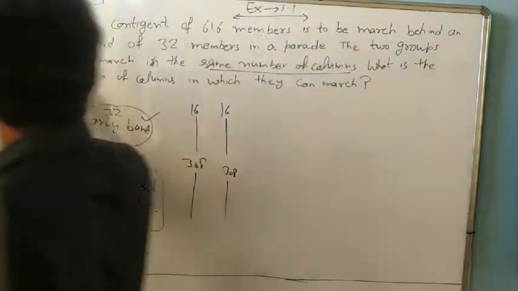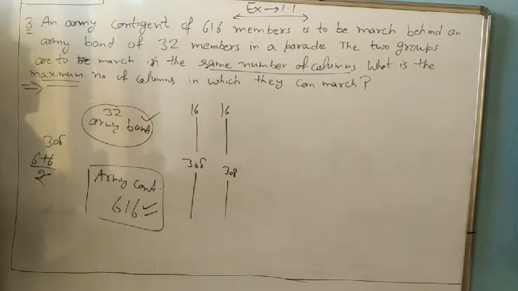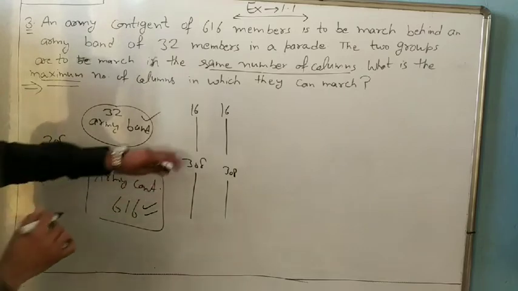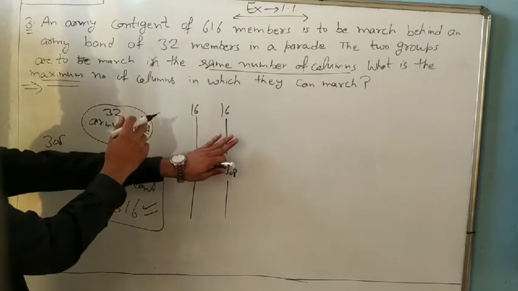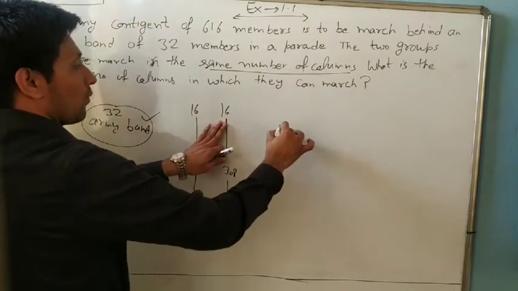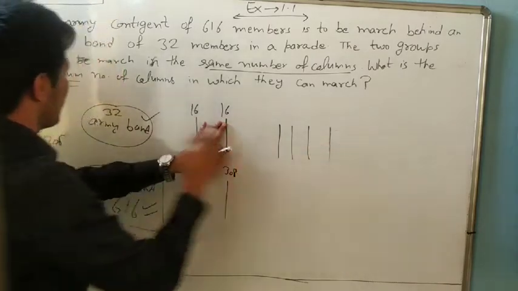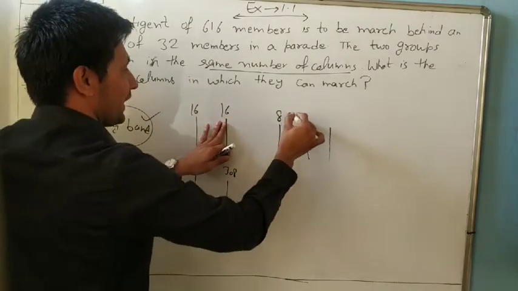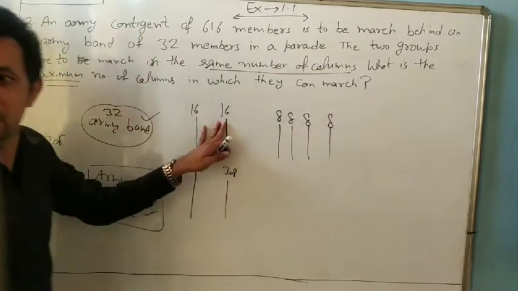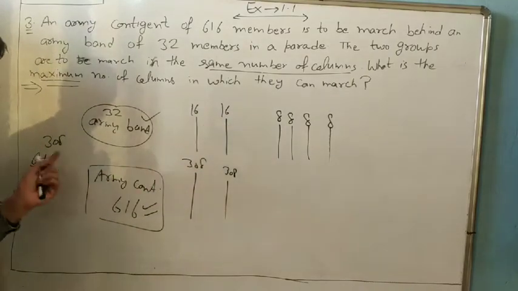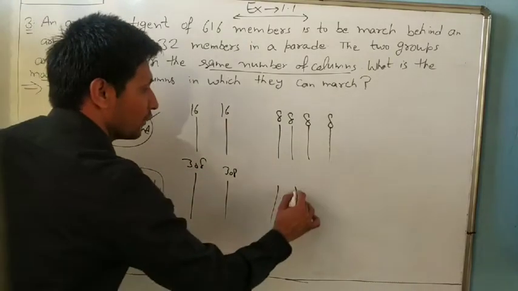But there are only two columns. In the question we have to find the maximum number of columns. Maybe it is also possible that the army band is marching in four columns: 1, 2, 3, 4. 4 columns of 8, 8, 8, 8, that is 32. So it means 616 also in 4 columns.